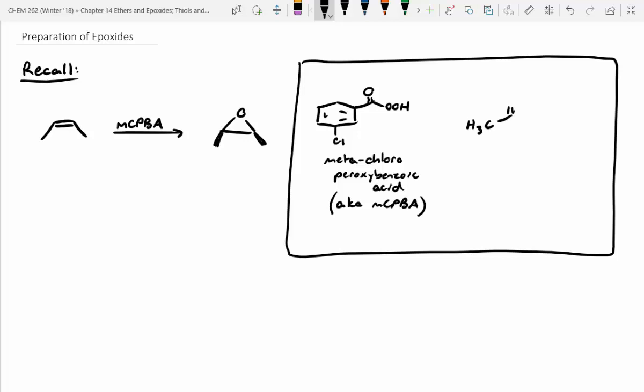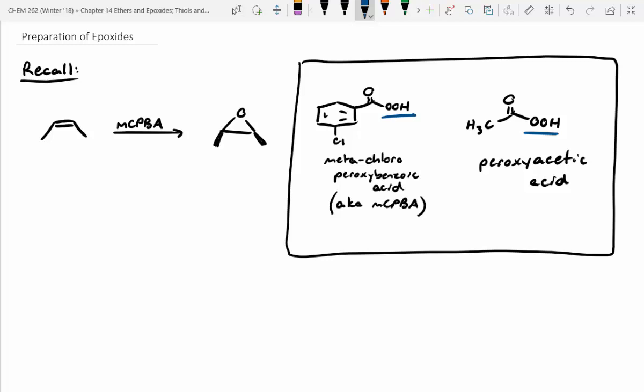You may see this one commonly on Sapling. However, our textbook tends to favor MCPBA. And this is just called peroxyacetic acid. The key feature in both of these, though, is this oxygen-oxygen single bond in that carboxylic acid side of the molecule. Does that make sense? That's why it's called a peroxy acid, it has that extra oxygen.